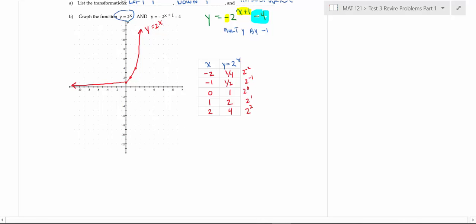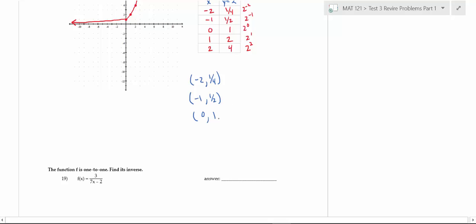So let's write out our points. We have a point -2, 1/4. We have a point -1, 1/2. 0, 1. 1, 2, and 2, 4.